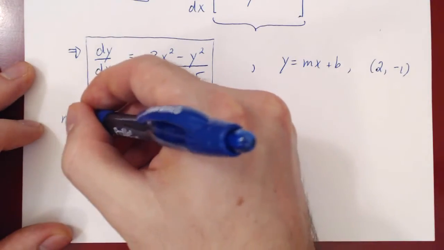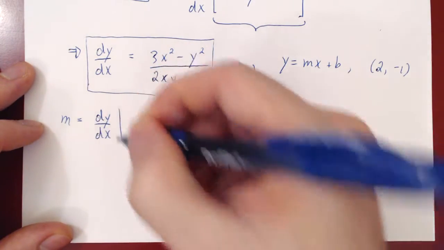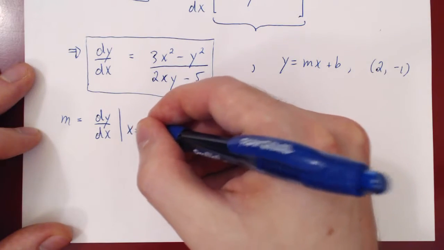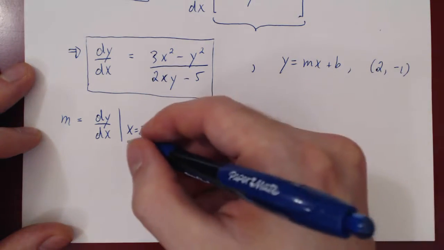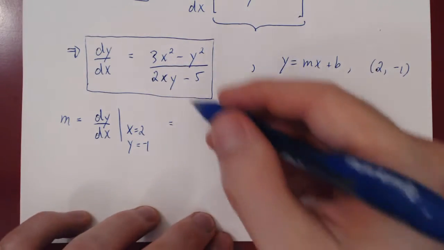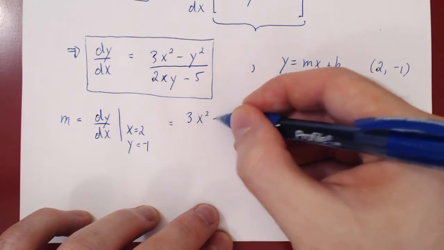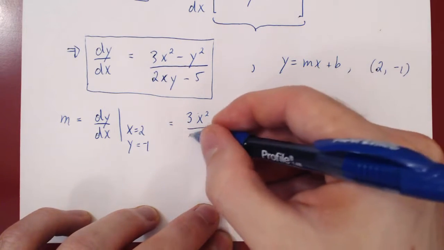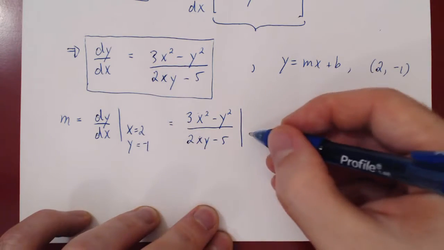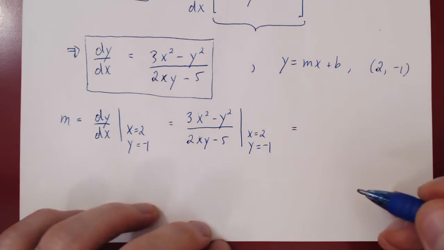So m, the slope of the tangent line, is the derivative of the curve, specifically at the point of interest. The point of interest here is x equals 2, y equals negative 1. So let's replace. The derivative is this equation, so it's 3x squared minus y squared over 2xy minus 5 when x is 2 and when y is equal to negative 1. And now we just replace.